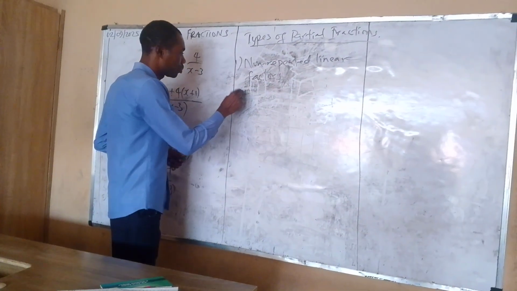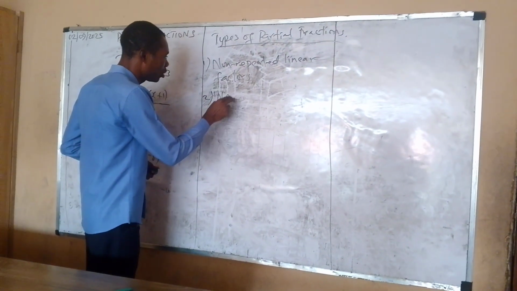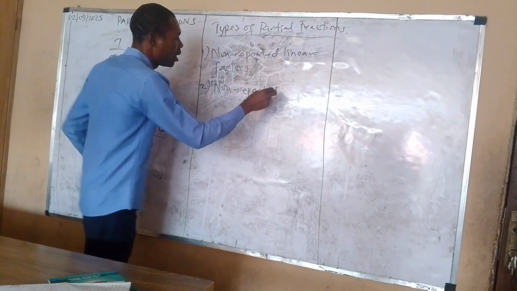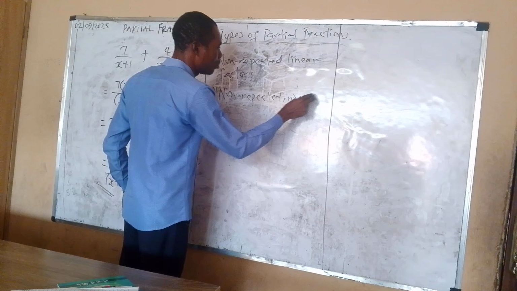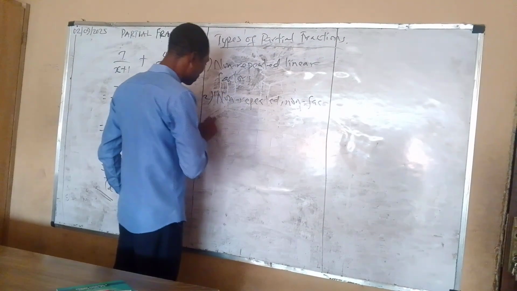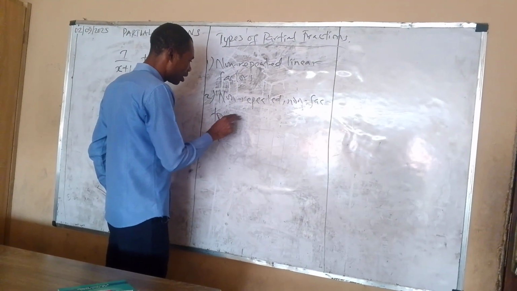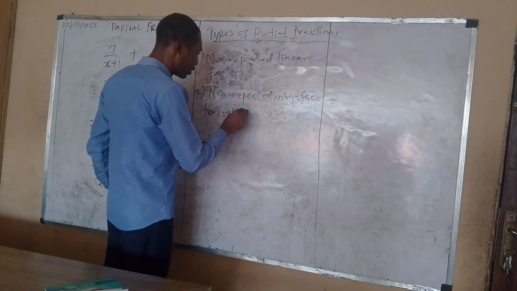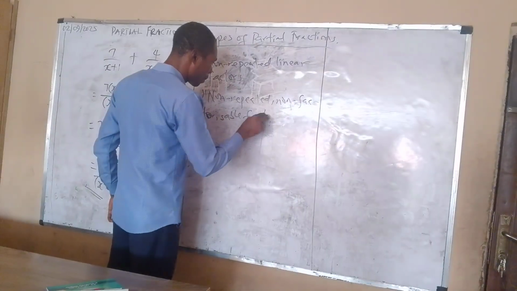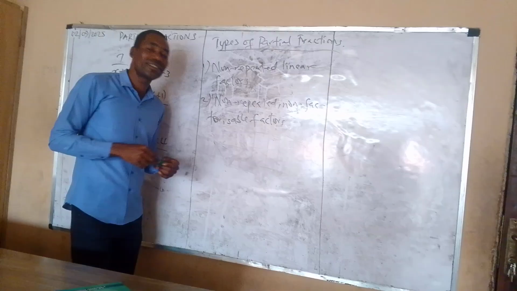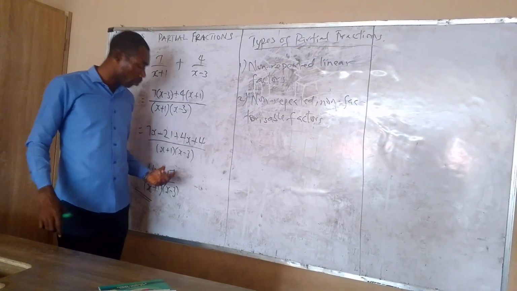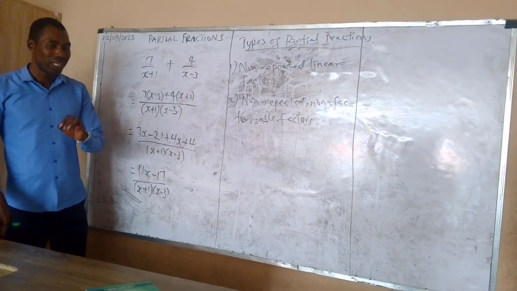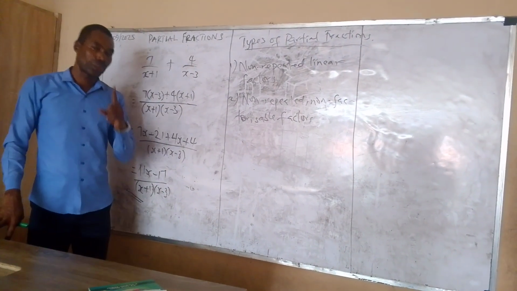Number 2, we also have non-repeated, non-factorizable factors. Don't allow the terms to make you afraid. In this second type, the denominator of the compound fraction given to you will not be a linear factor.